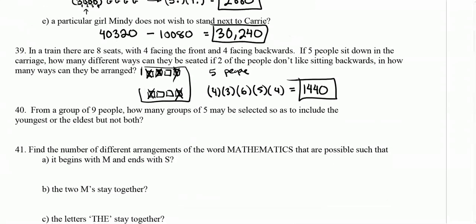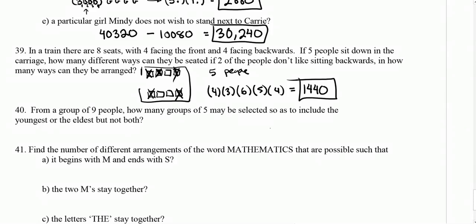Number 40, from a group of 9 people, how many groups of 5 may be selected so as to include the youngest or the eldest, but not both? So you got 9 people. And so we're going to consider two cases.